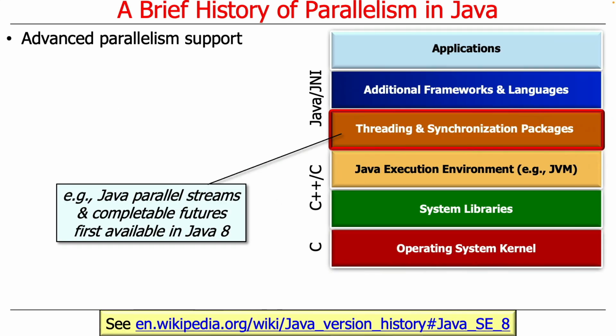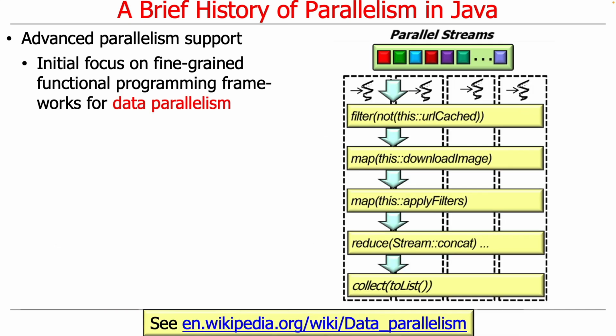Therefore, because there were some limitations with this approach, Java added support for parallel streams and completable futures in Java 8, which came out in 2014. These frameworks provide support for fine-grained functional programming.